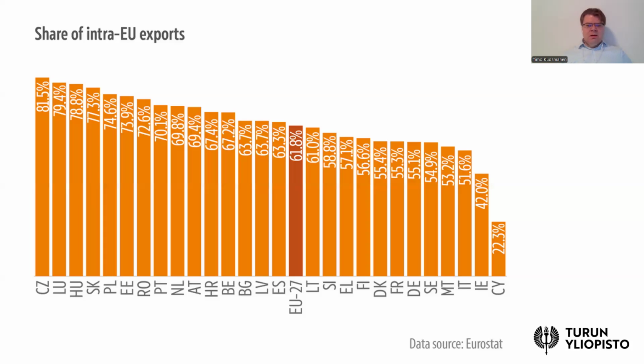Romania continues to have its own currency. So many of the countries with the highest shares of intra-EU exports have kept their own currencies, and large EU countries such as Germany, France and Italy have a relatively low share of intra-EU exports, actually lower than the EU 27.